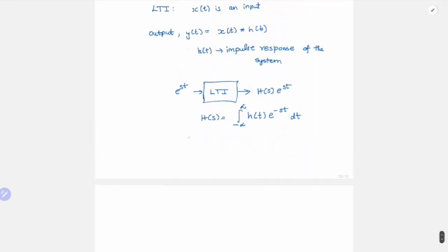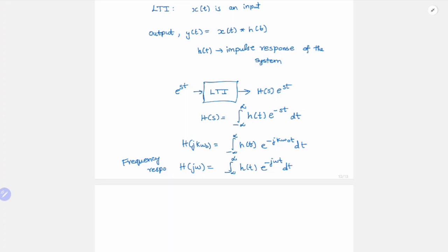And for the Fourier series, we saw this was H of jk omega naught, which was nothing but integral h of t e power minus jk omega naught t dt. Now for the Fourier transform, we have H of j omega, which is nothing but integral h of t e power minus j omega t dt. So this is exactly the Fourier transform of h of t, right? So it is also called the frequency response. This we already saw.